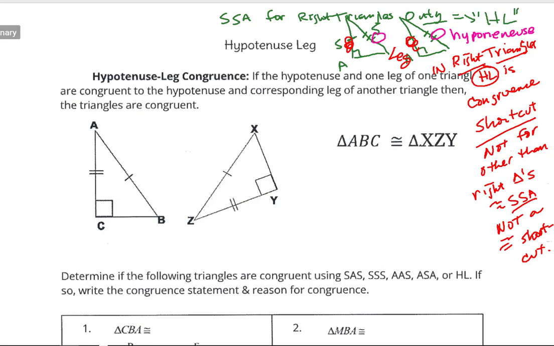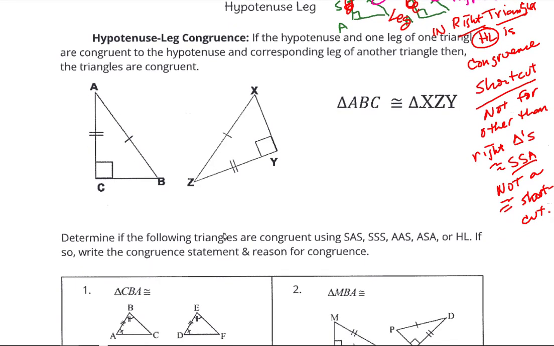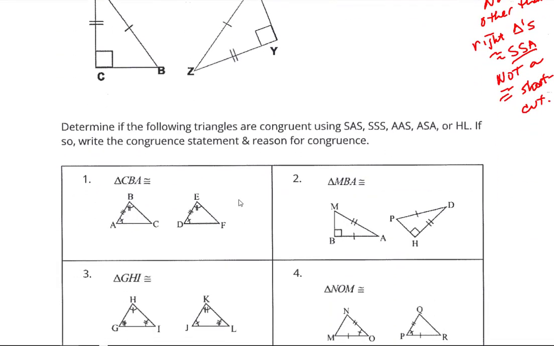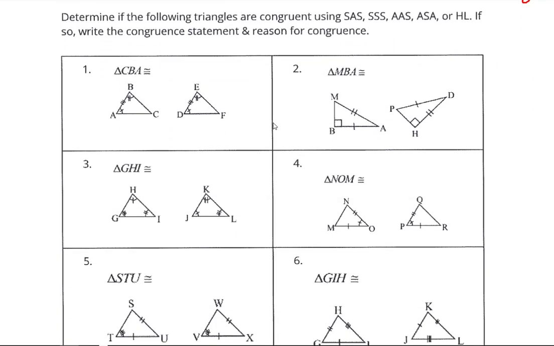So this SSA pattern does not work for other than right triangles, which is why we call it hypotenuse leg, to remind us it only works for right triangles.